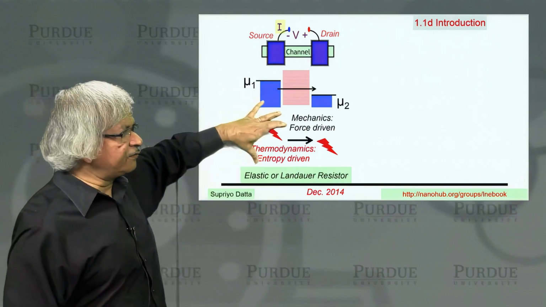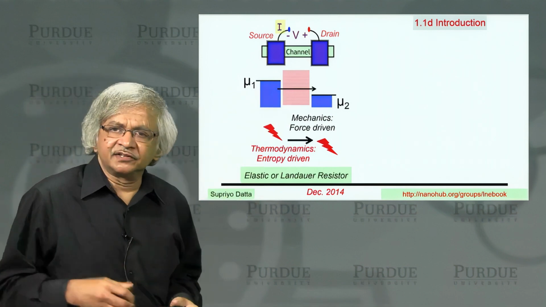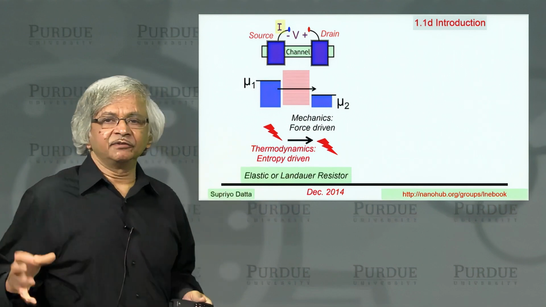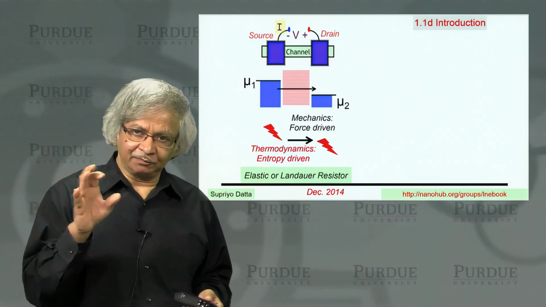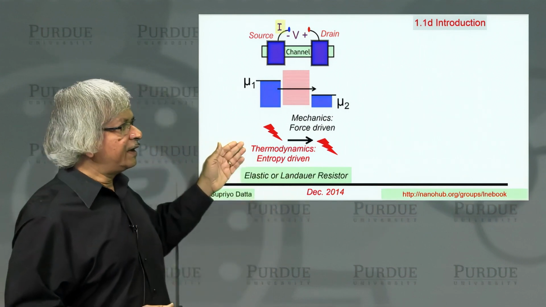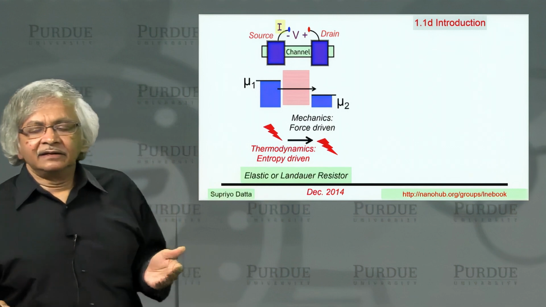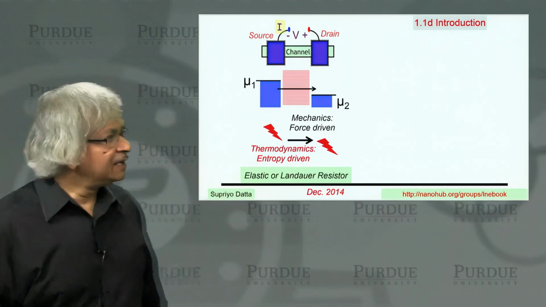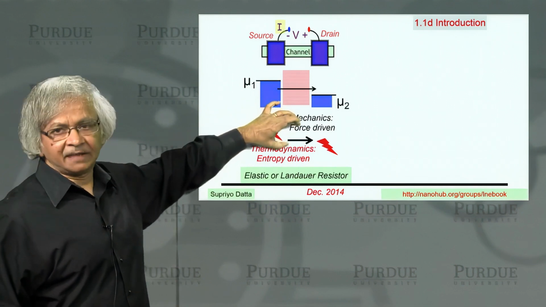And these are very different things. In mechanics, everything is driven by forces. In thermodynamics, things are driven by something a little more abstract that is harder to grasp, this entropy. But what makes devices very difficult to understand is that usually these two things are all mixed up.